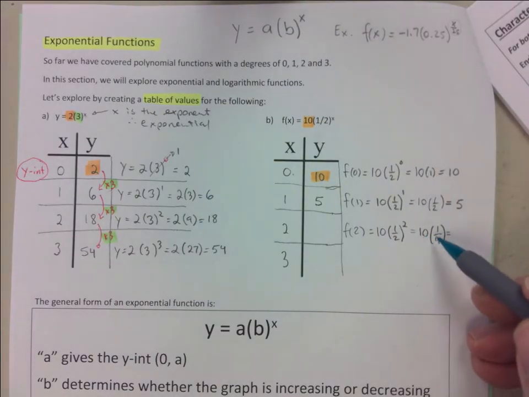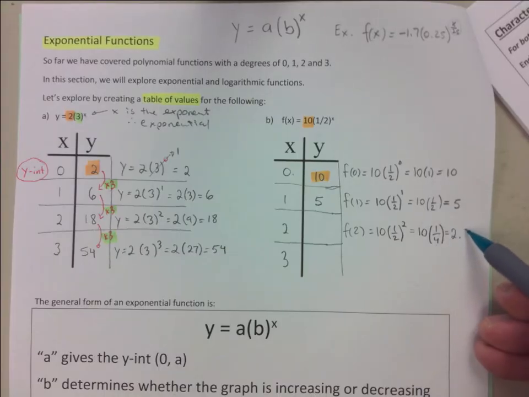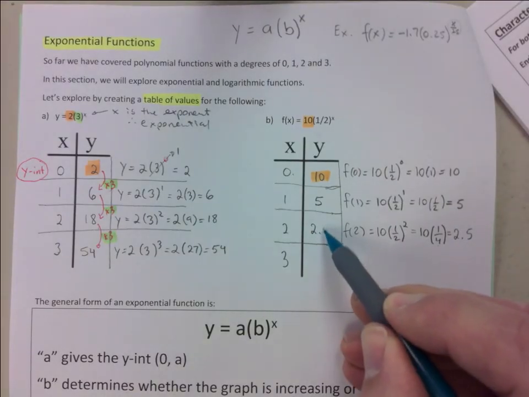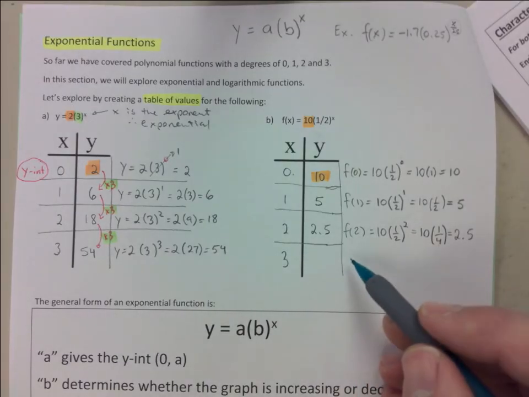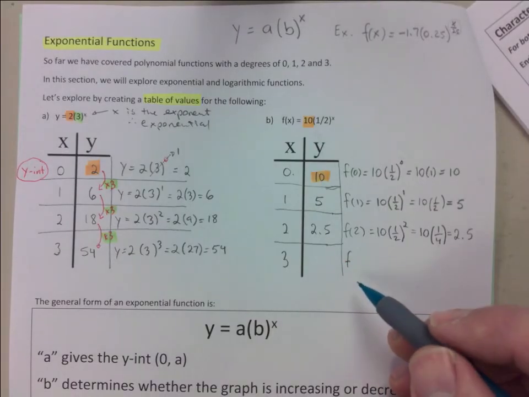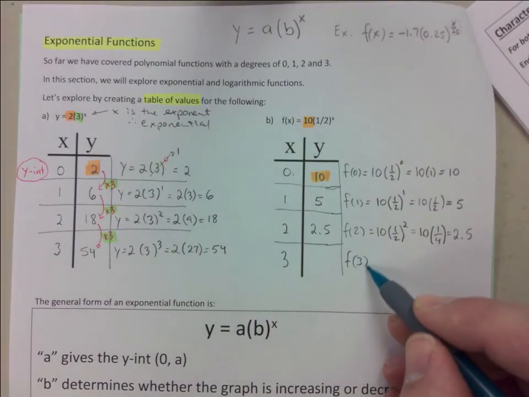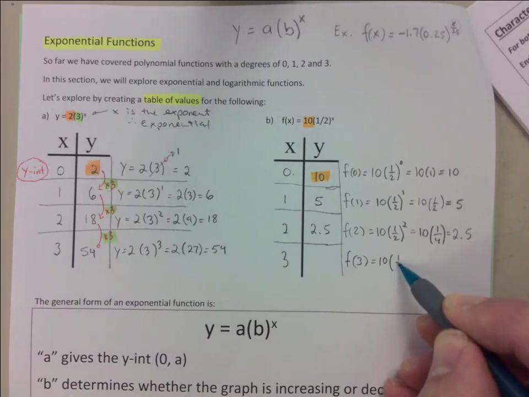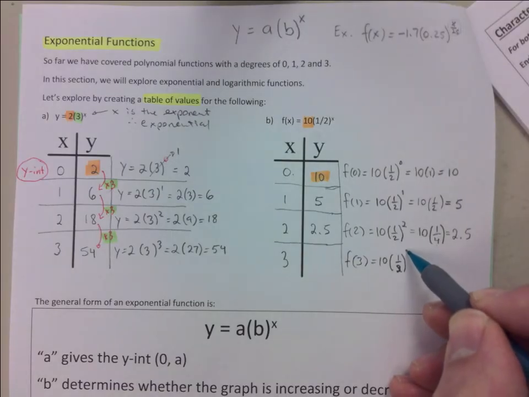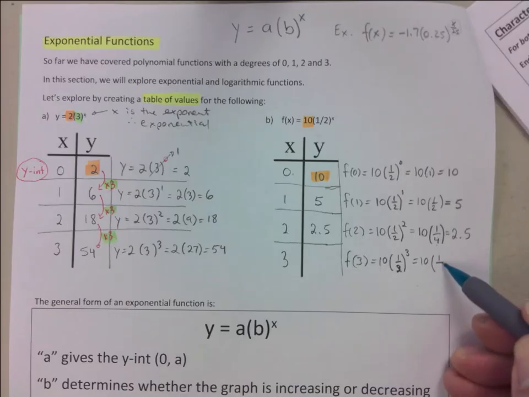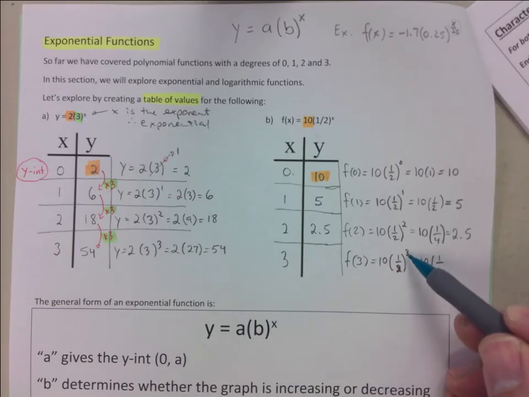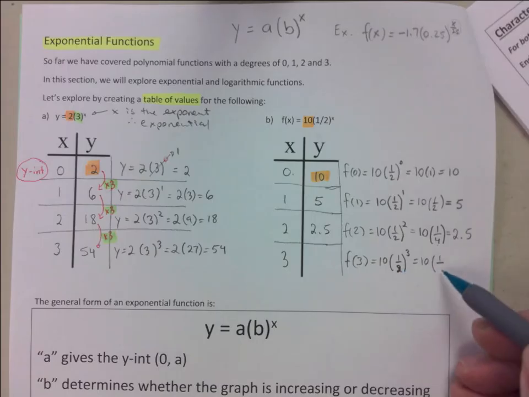So it's basically 10 divided by 4, which is 2.5. What's the next one going to be? 1.25? You're guessing right. 1 over 2 to the exponent of 3. 10 times 1 over 2 to the power of 3, where 2 times 2 times 2 is 8.